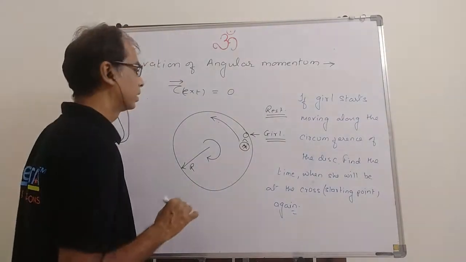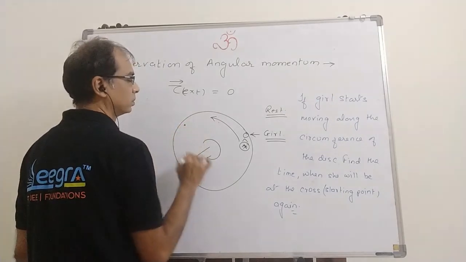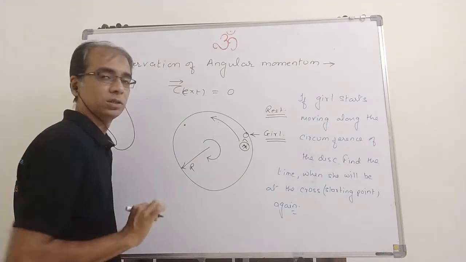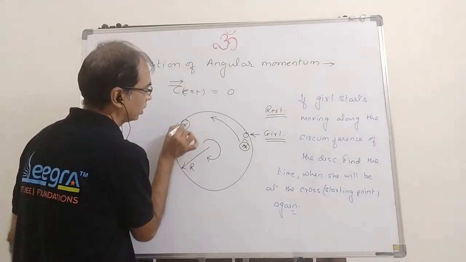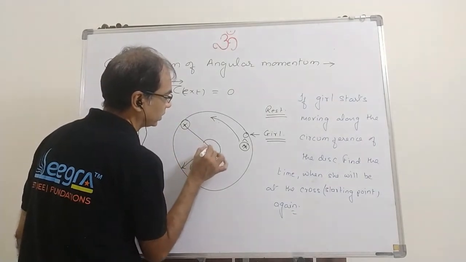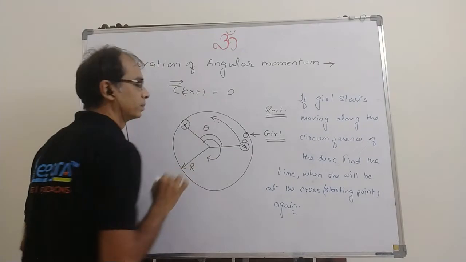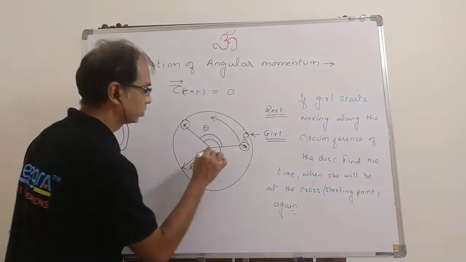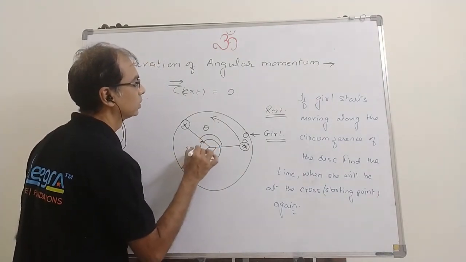Now suppose that when the girl reached this point, the cross came to this point, and this is what we are searching for. If the girl has moved by theta at this point, then by what amount has the disk moved? The disk has moved by this angle, which is 2 pi minus theta.